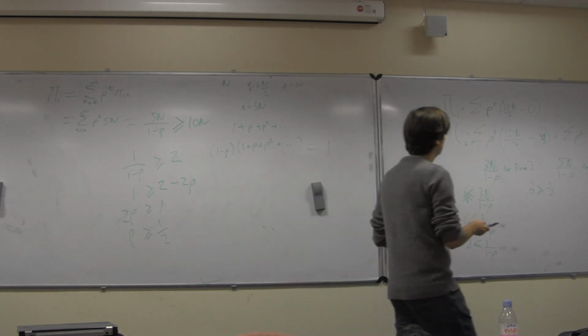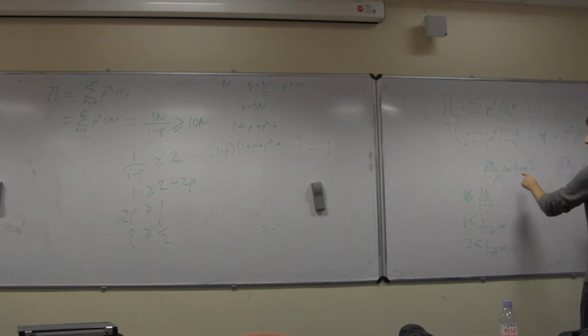So if firm 1 deviates, they start out making 5n over 1 minus rho, just as before.